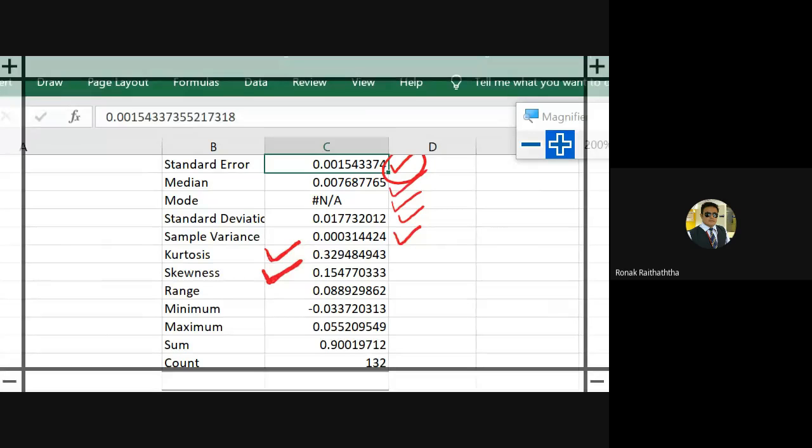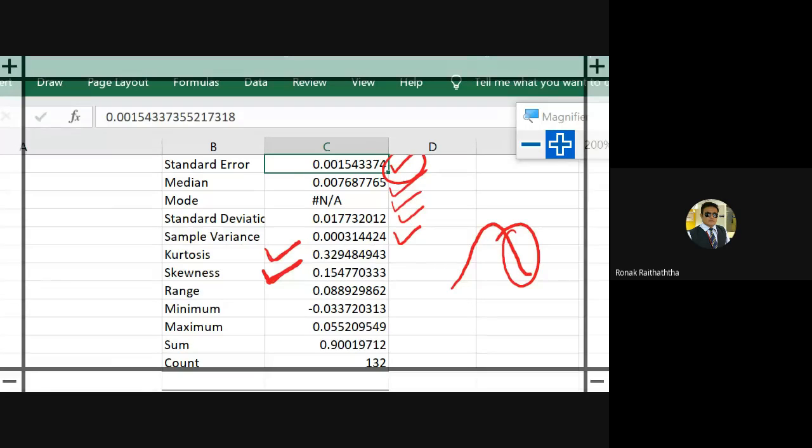Now we were into the normal distribution, so just explaining this as of now. Kurtosis 0.32 means the tail would be a little bit like this, and skewness is also positive, so here it would be a little bit inclined. But this is the acceptable range.